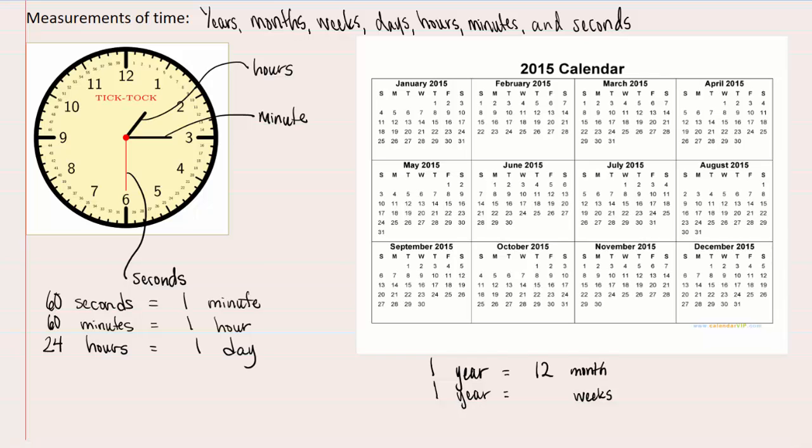To do this, let's start by finding how many whole weeks we have. In this 1 month, we have 4 whole weeks. Then if we look at the next month, we also have 4 whole weeks.